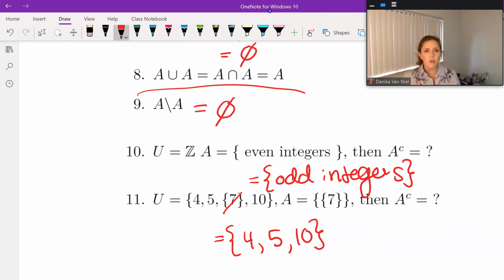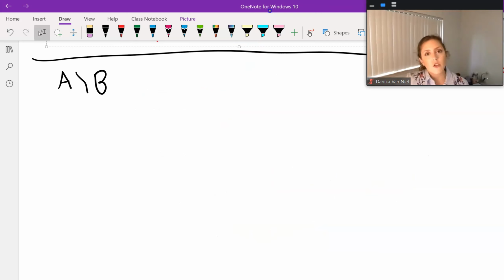So in general, how else can we write A minus B using our other definitions? Consider two sets A and B, and we want to think about A minus B, how we can represent A minus B with respect to our other definitions that we said. So first, let's start by thinking, do we care about elements in B that are not in A?